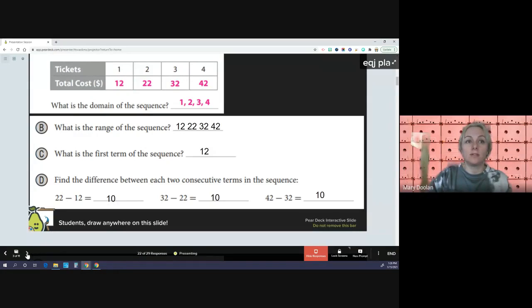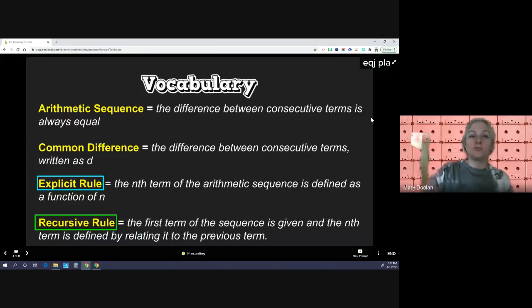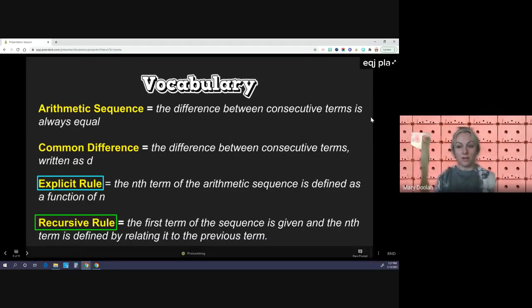Okay, good. So some vocabulary now that we reviewed what we learned on Tuesday and learned this new thing here, the difference. So here's your vocab. Arithmetic sequence. This was defined on Tuesday a little bit differently, but both definitions are accurate. The difference between consecutive terms is always equal.